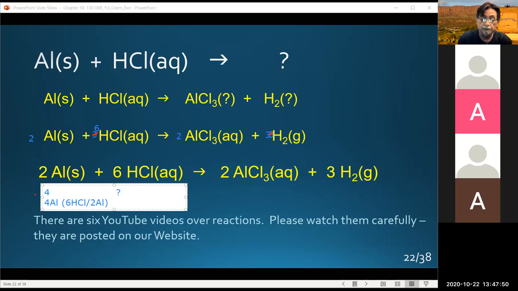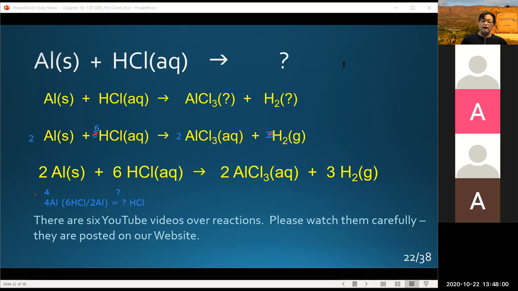That's my ratio. And that would give me how many HCl's I need, right? Because when I do the math, my aluminums cancel, leaving me with units of HCl, which is what the question asked for.